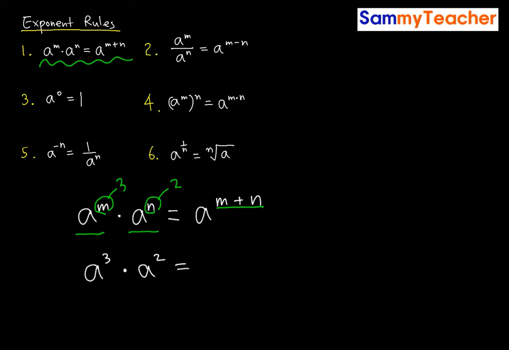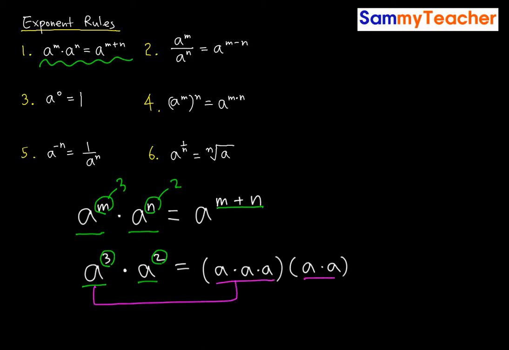Since this means a is being multiplied 3 times and a is being multiplied twice here, I can rewrite this as a times a times a multiplied by a times a. This is from this, and that is from this.